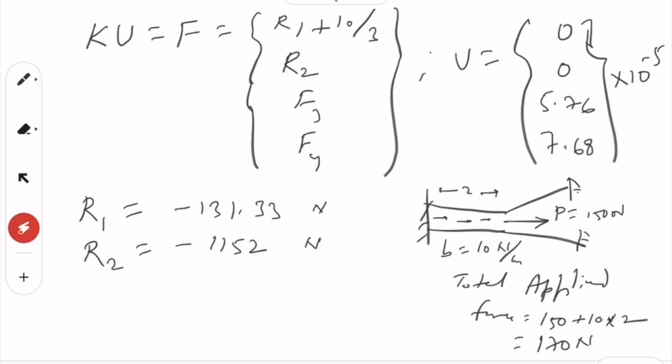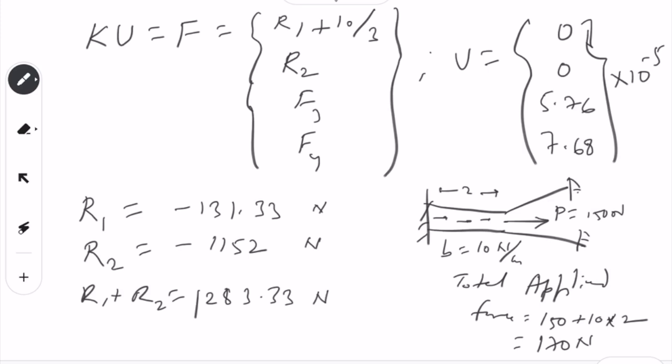If you see the reaction, however, you get R1 plus R2 equal to, if we add them, what do we get? We get 3321 Newton.